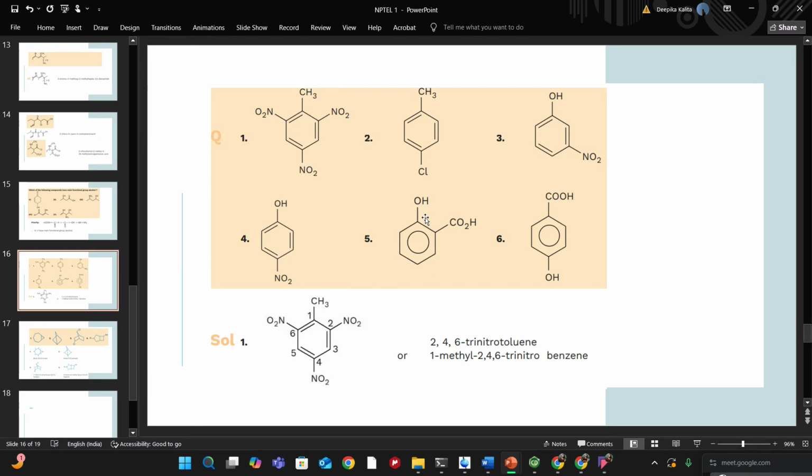There is no issue of multiple bond also. But if you have to choose between multiple bond priority versus substituent number priority, in that case always go for the multiple bond priority.